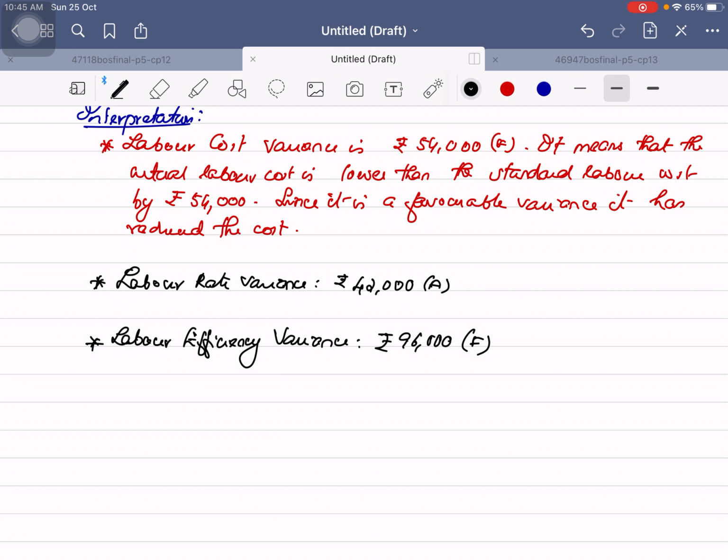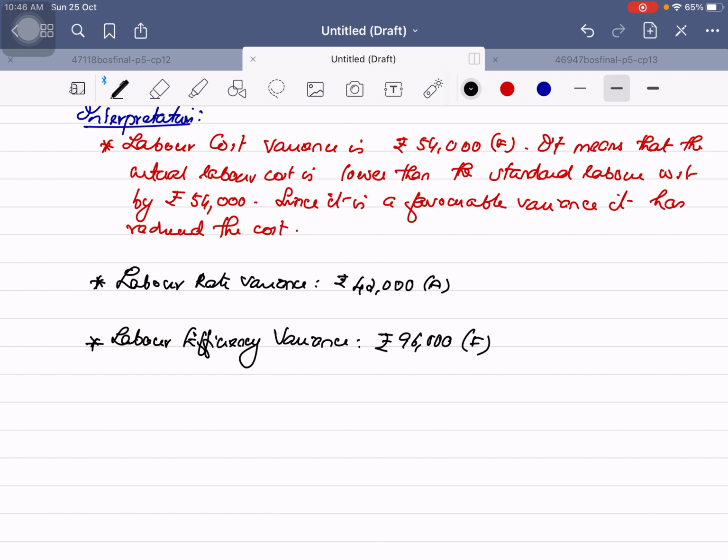It may be due to pressures from the labor unions, or other factors which have forced the management to increase the labor rates, or increase in statutory obligations, or settlement of disputes between the labor force. So many reasons due to which the management is constrained to increase or decrease the labor rate. Both could be there. In this case it is an increase in the labor rate. So those are the probable reasons for labor rate variance.